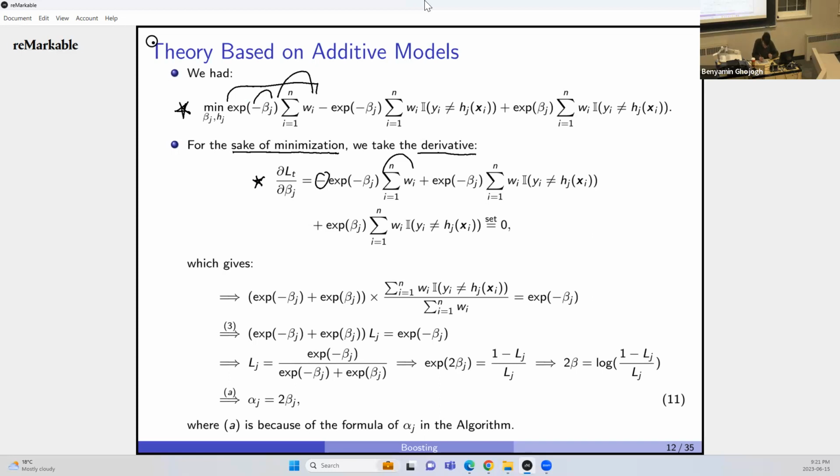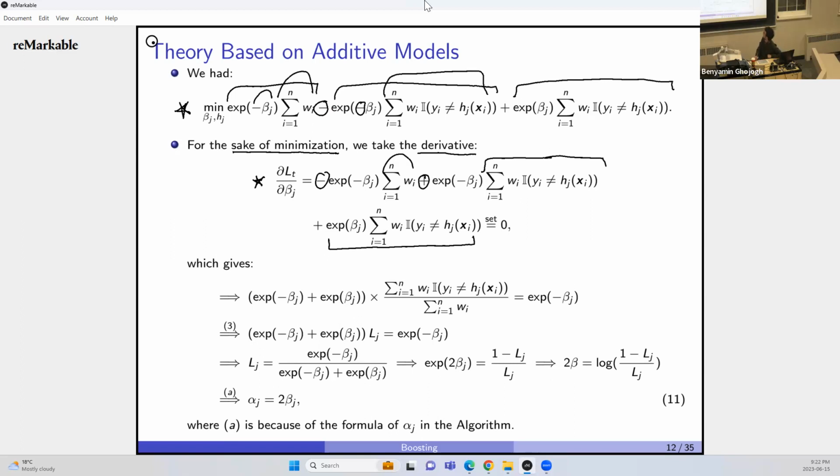And then what is the derivative of this with respect to beta j? This is a constant. We repeat it here. And again, it has minus, cancels with this minus, becomes plus, right? And then the third term, again, its derivative with respect to beta j becomes itself. Set it to 0. And it is a scalar because beta j is a scalar.